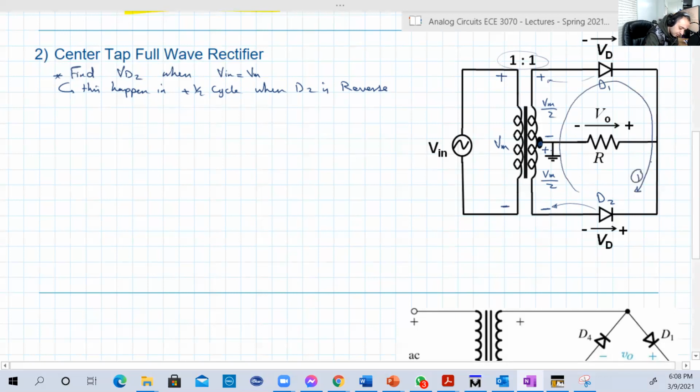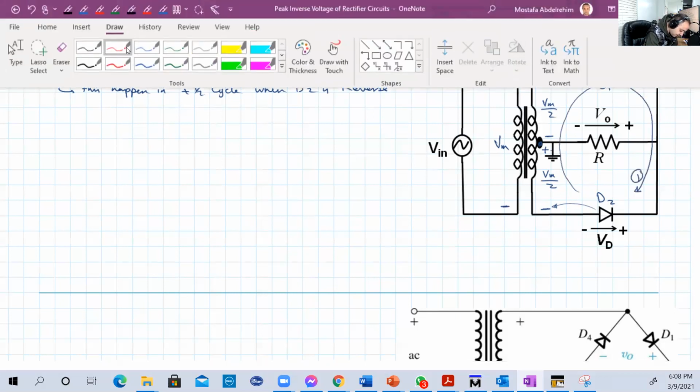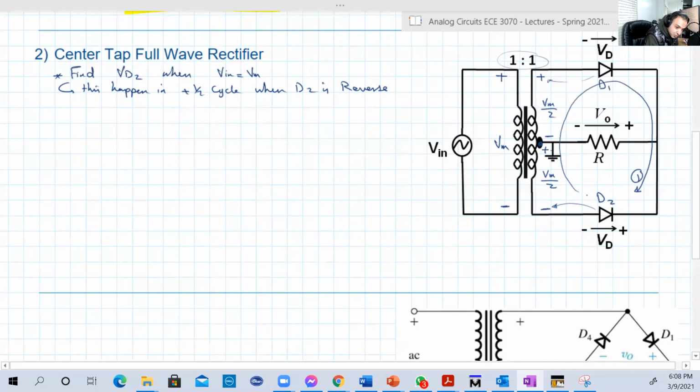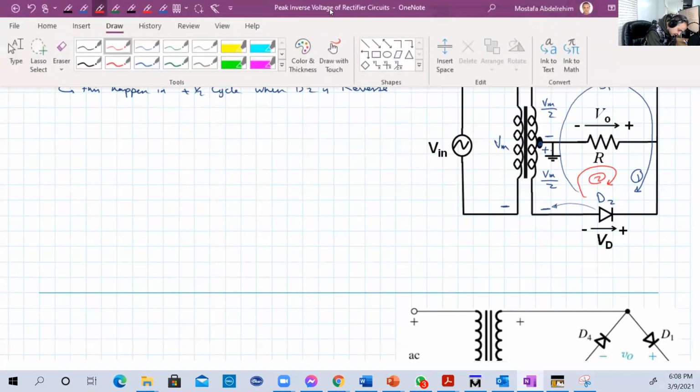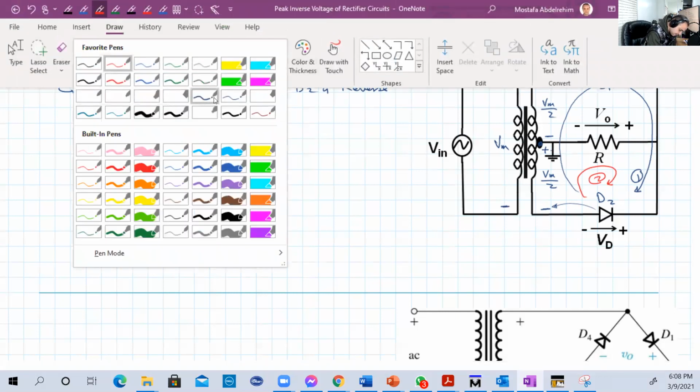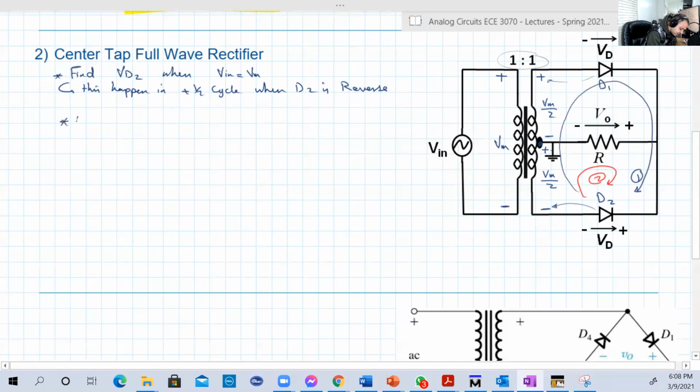So this loop, let's call it 1, and let's have another color. So you have another loop as well. This loop, let's call it 2. So let's write this. We can use either loop 1 or loop 2.